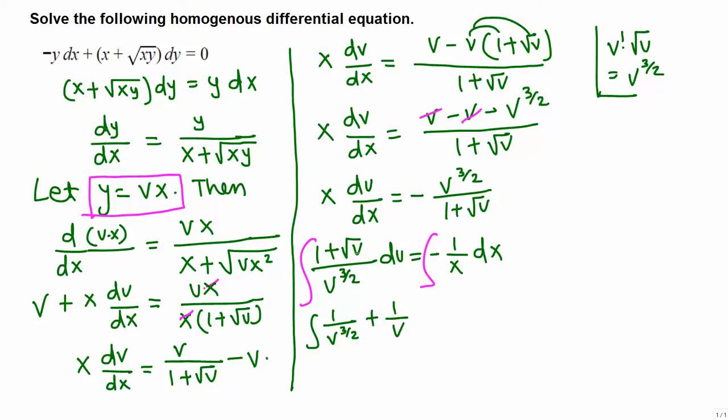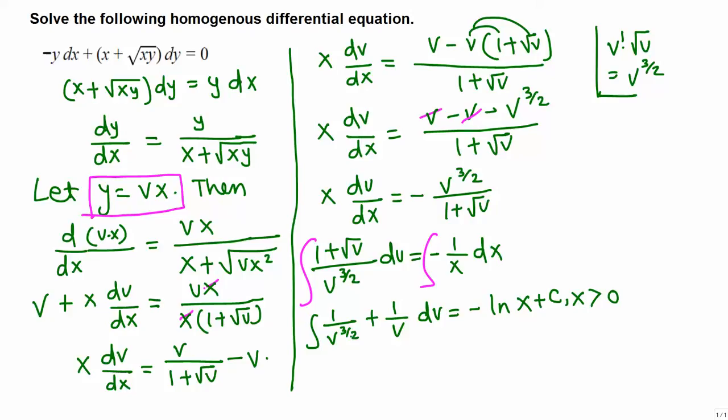Or you can think in this way, this is v raised to 1 half over v raised to 3 halves, 3 halves minus 1 half is just 1. dv is equal to negative outside, and integral of 1 over x is just natural log of absolute x, but we already assumed x is positive, and we just write x. Let's integrate plus c, the integrating constant.